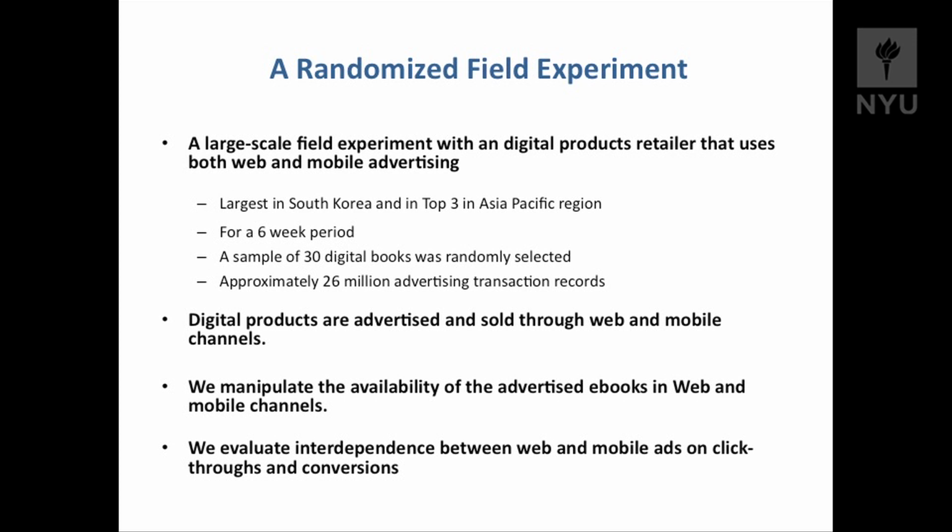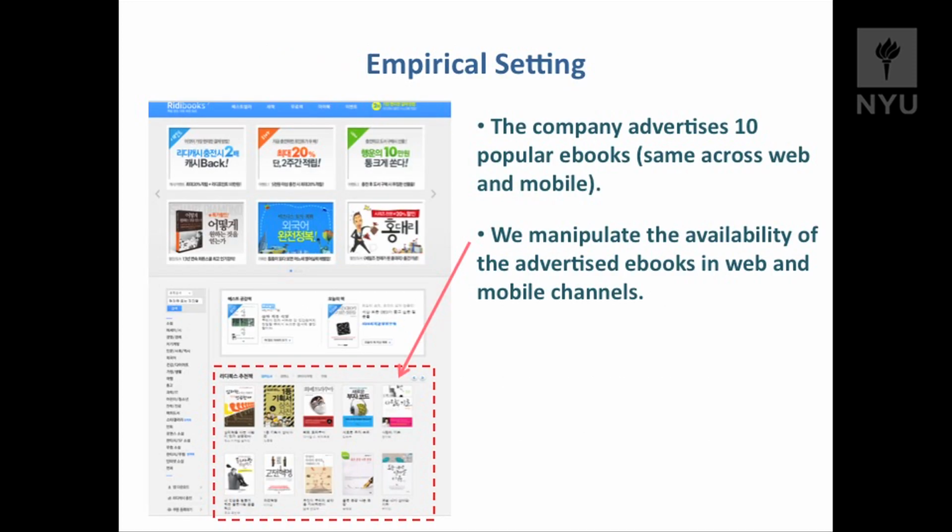The idea is digital products or these e-books are sold both through the web and the mobile channels. We would manipulate and randomize the ads that a given user will get to see. So this is what the platform looks like. When you log in, you get to see a bunch of ads for products. This could be ebooks or audio products, etc. We focus on ebooks as an example.